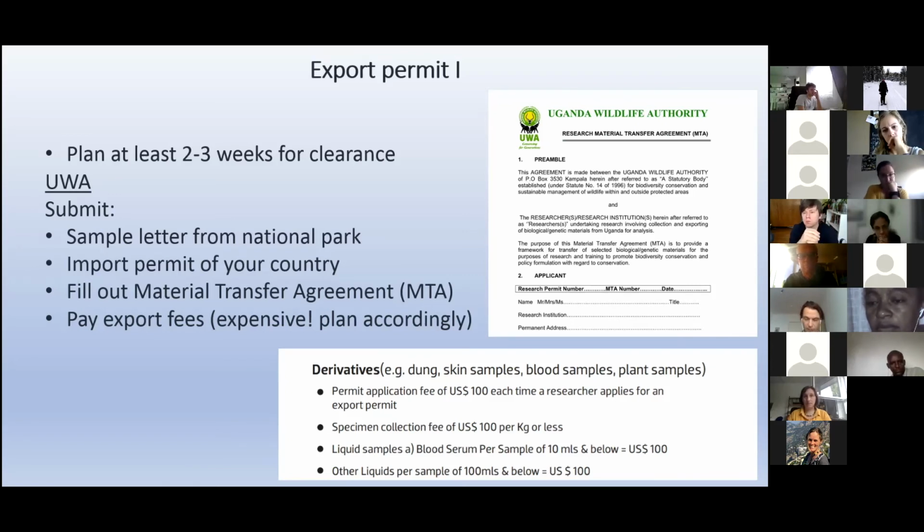Normally people collect plants or insects or blood samples. Here you see in these fees that for a kilogram of material, you pay $100 US. So you can imagine collecting 10 meters or several meters of core, you easily go into the thousands of dollars. So make sure when you submit your proposals that you plan your budget accordingly ahead of time, so that you have enough money to pay these things.